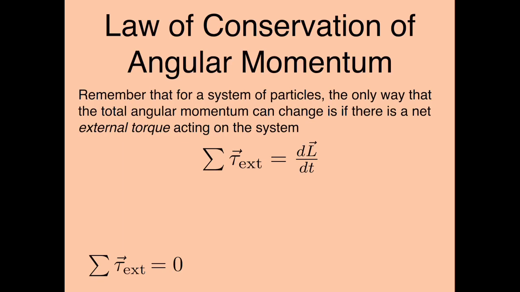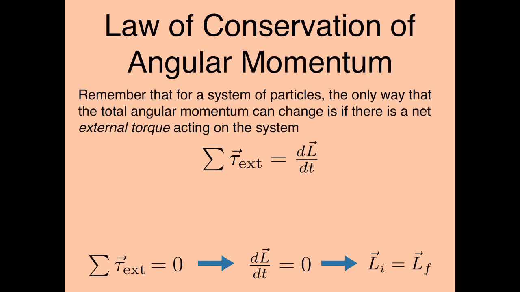In other words, if the left-hand side is equal to 0, net external torque is equal to 0, well, of course, that immediately implies that the right-hand side is equal to 0, dL/dt is equal to 0. What that's saying is L is not changing over time. The time rate of change of L is equal to 0, which means L is not changing at all.